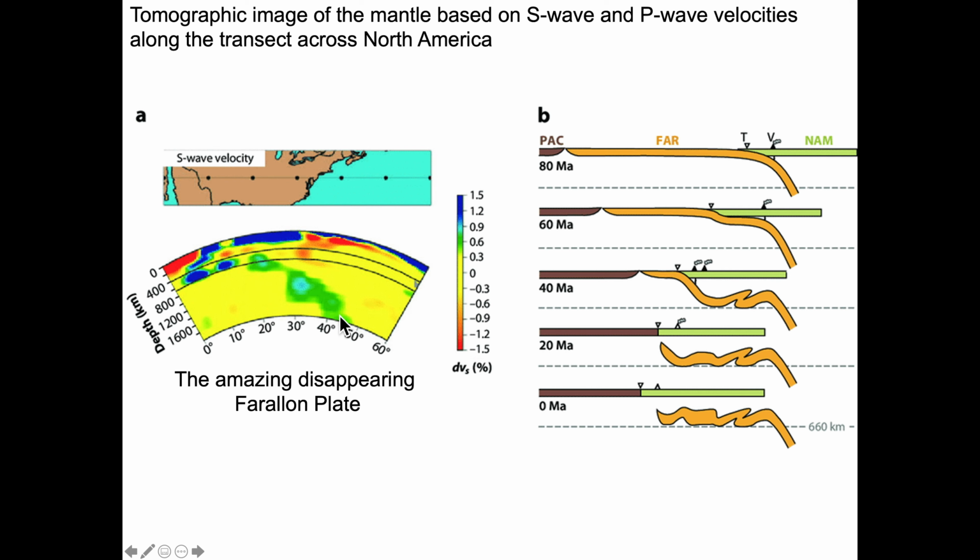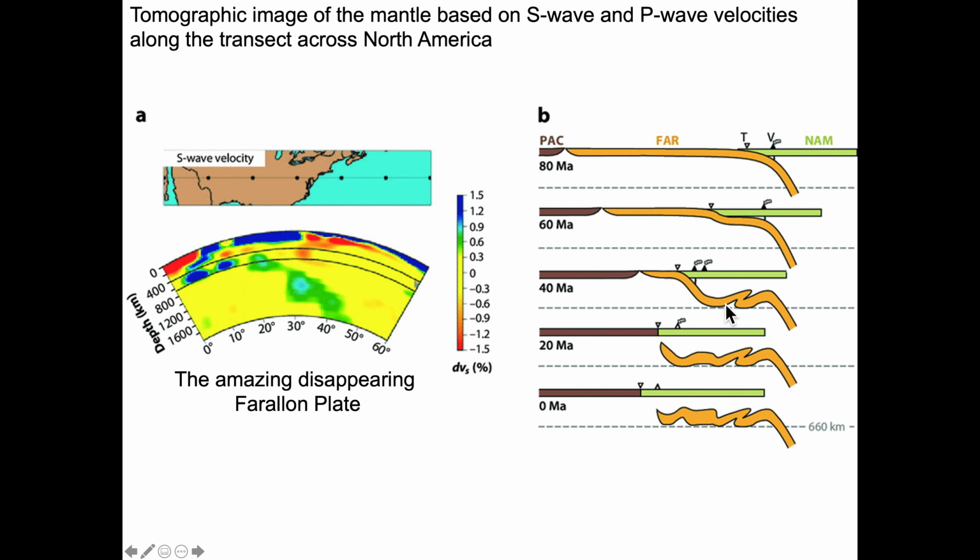We can see starting 80 million years ago, the Farallon Plate was being subsumed by the North American Plate here. At about 40 million years, it started to become detached, and we can see that there's probably some distortion introduced into the plate by this time. So the plate's getting deeper into the Earth where it's hotter and pressures are higher.